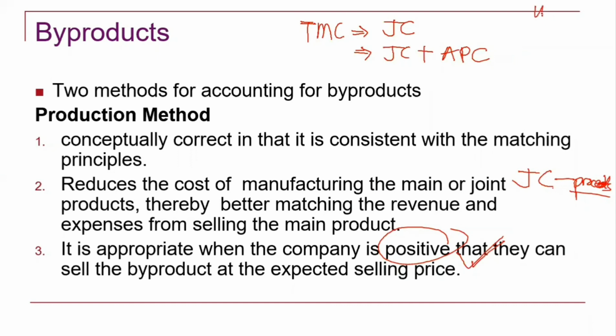And to get the unit cost, ito na mismo yung joint cost divided by the number of units. Pero kapag pre-process further, yung entire amount ng joint cost plus APC, additional processing cost, divided by the number of units. Okay? So, I hope nasagot ko yung tanong.